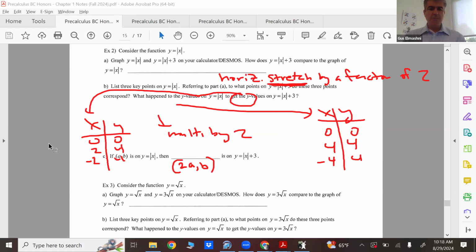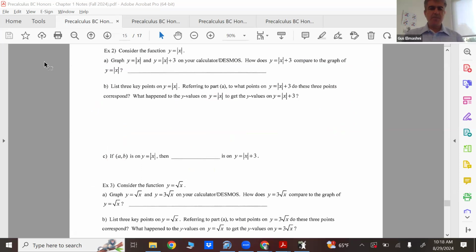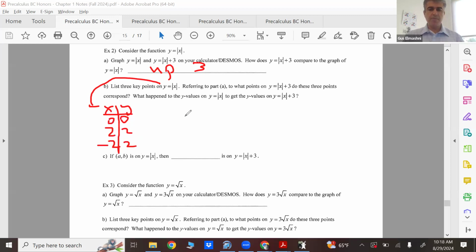Okay, let's consider absolute value of x. Again, we know what the graphs look like. So what does the plus 3 on the outside do? Up 3. Love it. Up 3. So again, if I make a table: 0, 0, 2, 2, negative 2, 2.